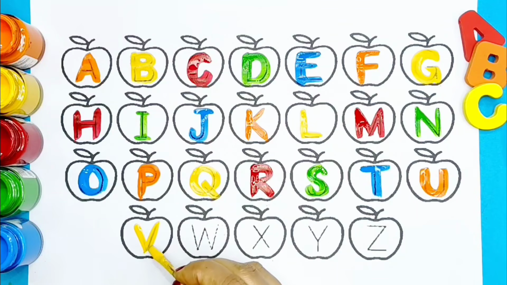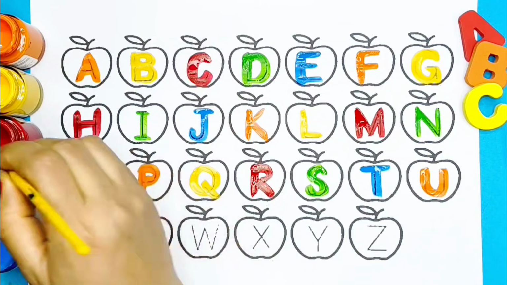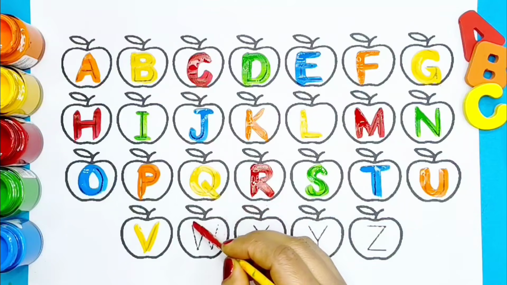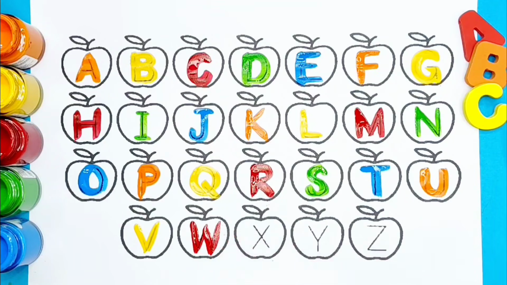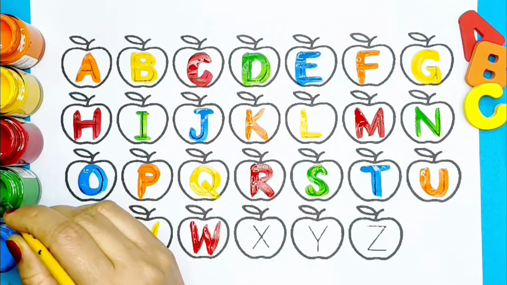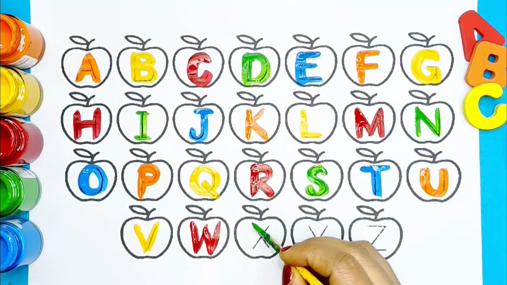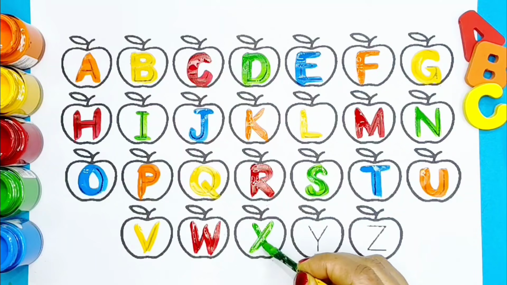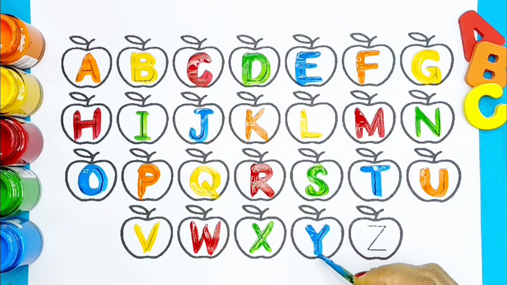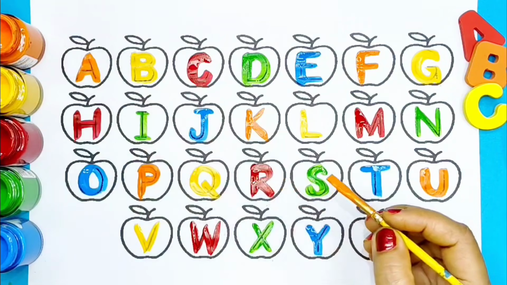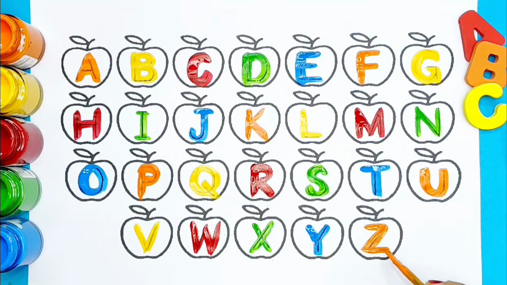V for van. Red color. W for watch. Light green color. X for Xmas tree. Sky blue color. Y for yo-yo. Orange color. Z for zebra.